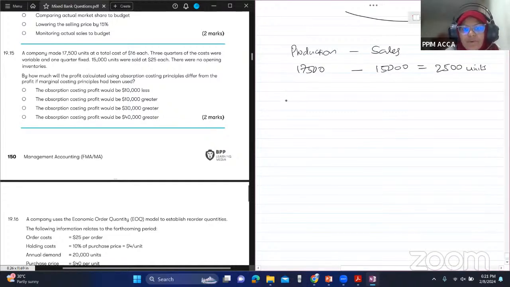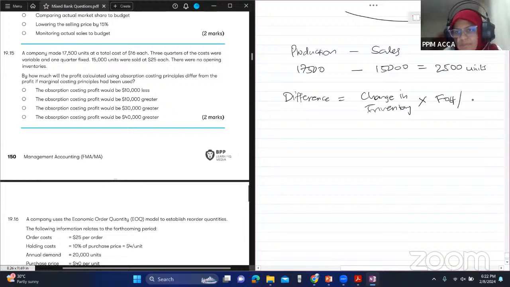Now, if we want to calculate the difference, it is going to be the change in inventory. Usually when you put that triangle, it means change. But anyway, I'll write it. Change in inventory multiplied by the fixed overheads per unit. So the change in inventory we know is 2,500.